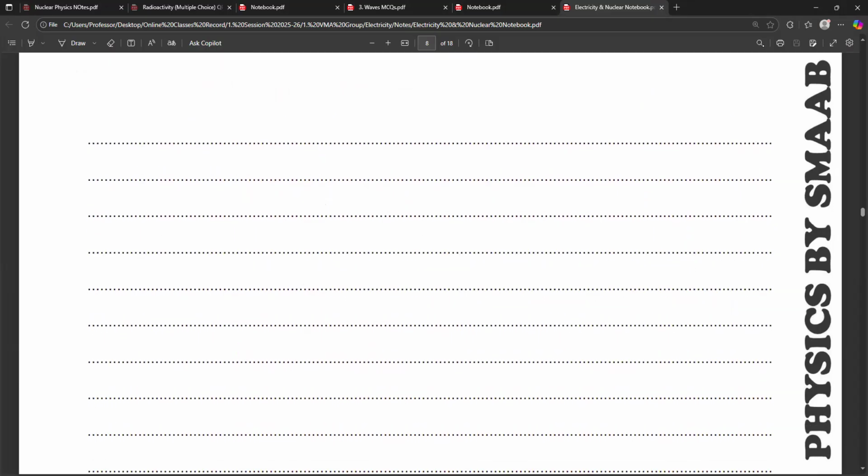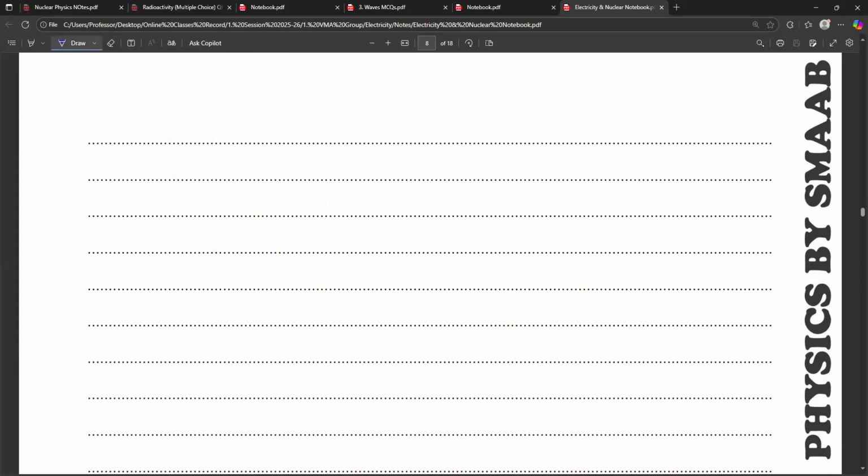So definitely if we place these two particles in electric field or in magnetic field, because of the same charge or unlike charge, there is force of attraction or force of repulsion between them.